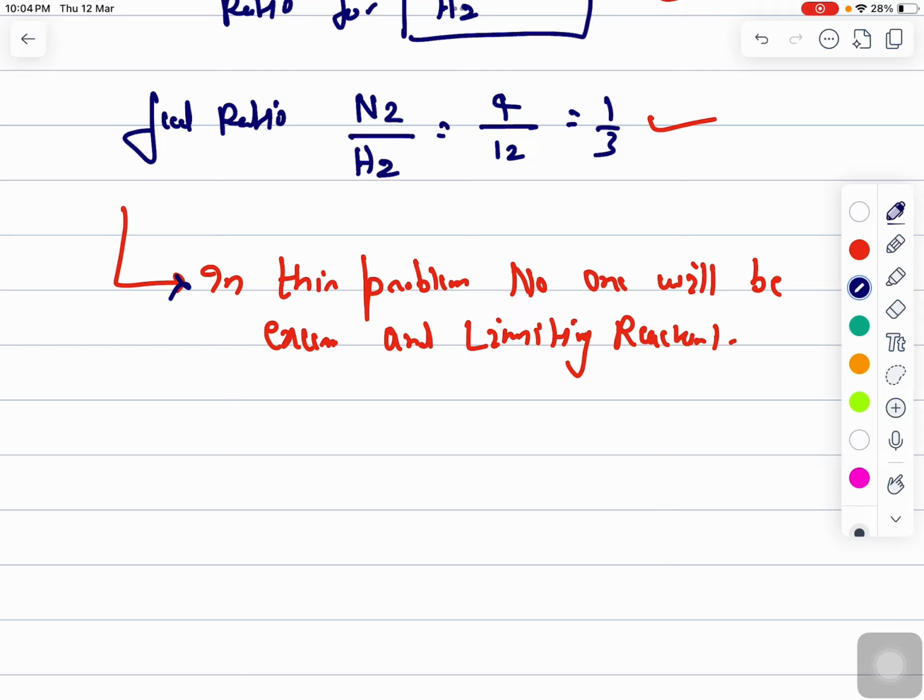There will be cases where your feed contains the reactants in exactly the stoichiometric ratio. In that particular problem you will see there is no limiting reagent or excess reactant. So it's very important to understand these things.